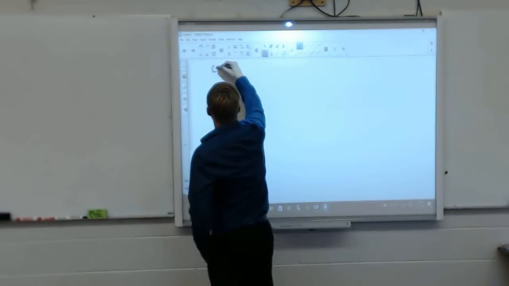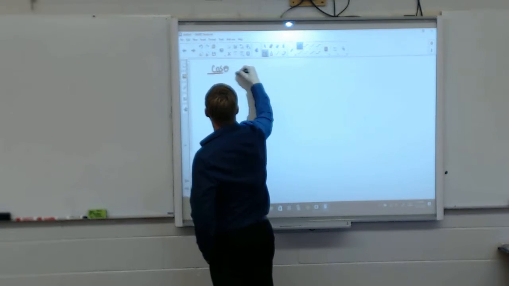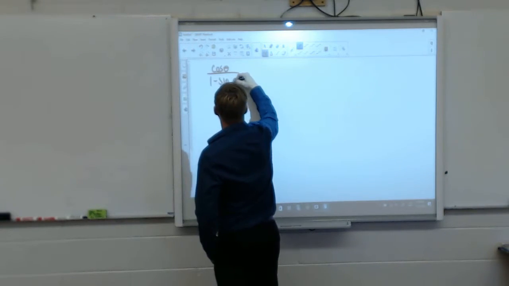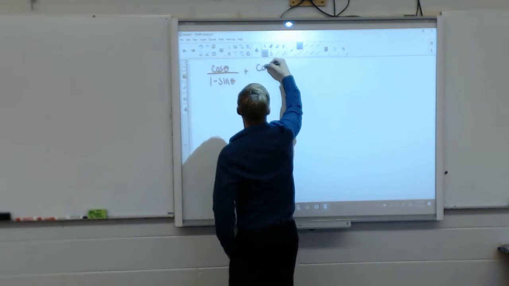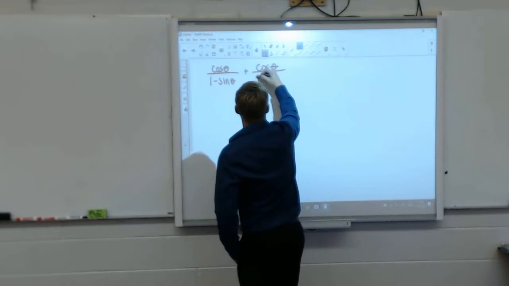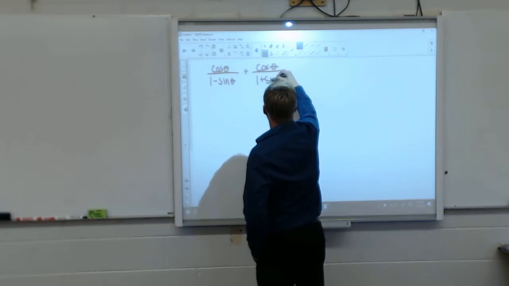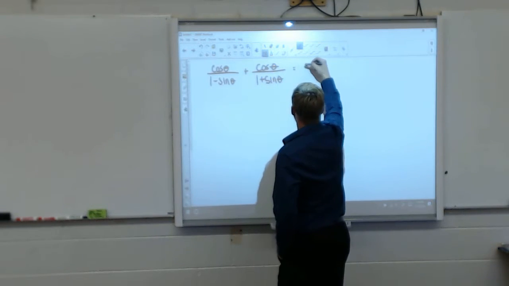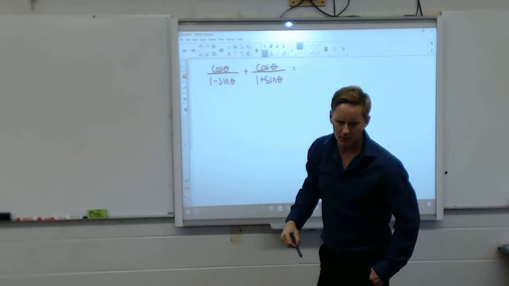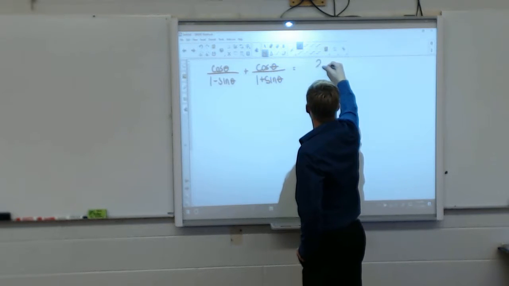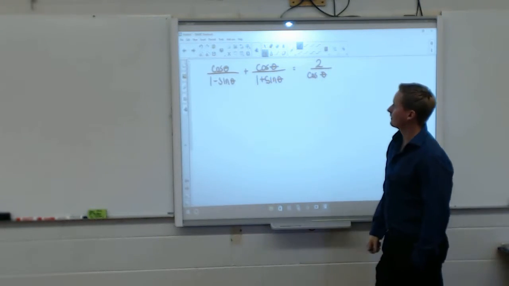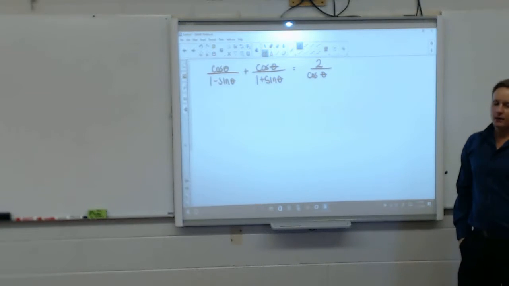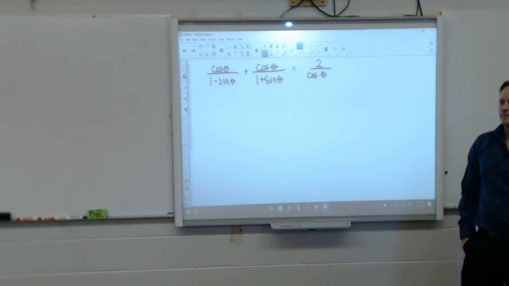Now let's look at this next one. Cos theta over 1 minus sine theta plus cos theta over 1 plus sine theta. Is that right? Equals 2 over cos theta. Okay. So look at your list on there.